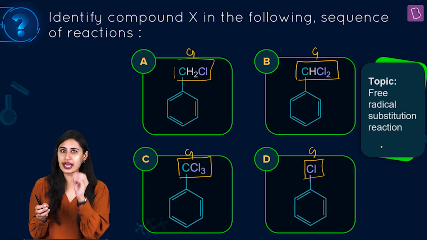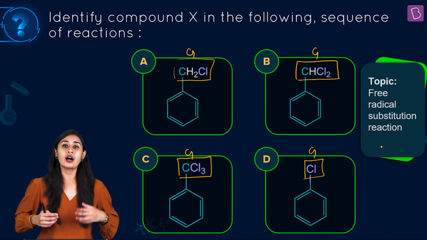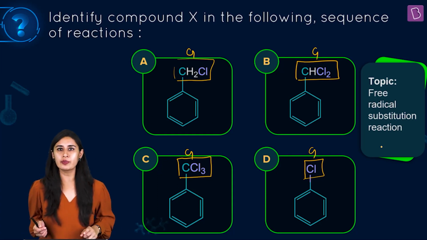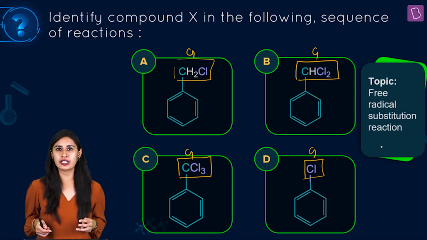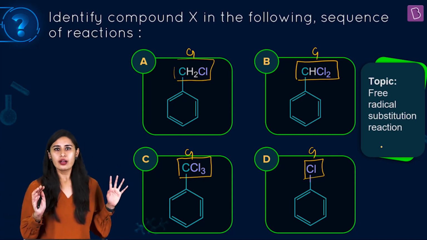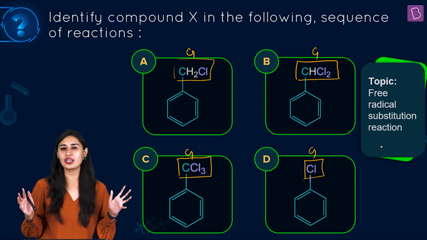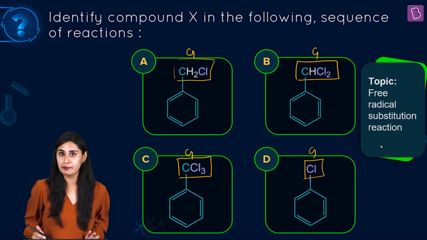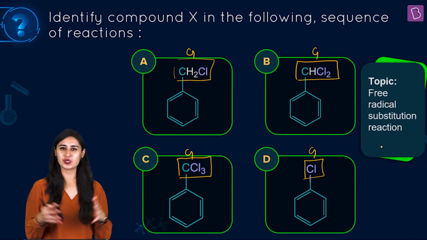Since we get this X, which is certainly going to have halogen, it is up to us to decide whether 1 chlorine, 2 chlorines or 3 chlorines will be attached, or whether it will be chlorobenzene. That also gives us a glimpse of the haloalkanes and haloarenes chapter. So great question, because mixing of concepts is happening, which is what we love.